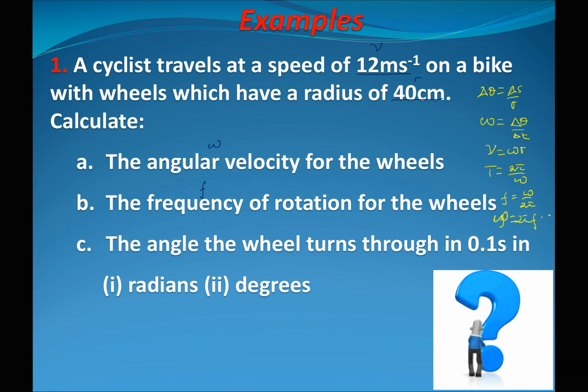So let's begin with the angular velocity for the wheels. So I have v, I have the radius. So I'll simply say angular velocity. I'm going to use v equals omega times r. So angular velocity omega is going to be v divided by r, which is going to be 12 divided by r. Because r is given in centimeters, I'll say it is 40 times 10 to the power of minus 2.